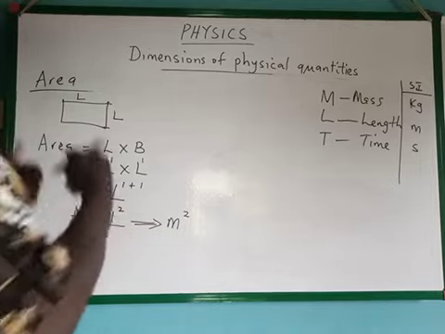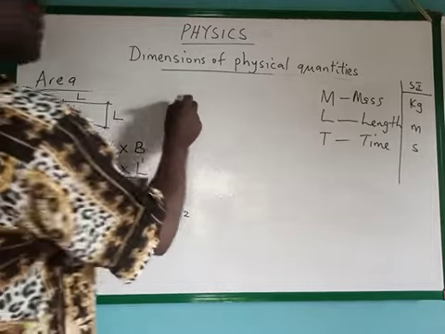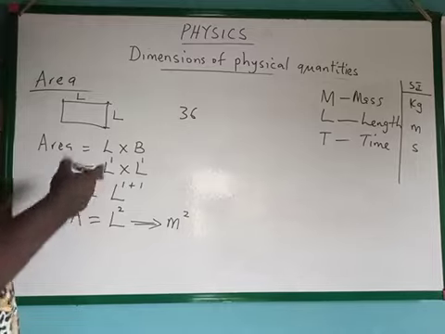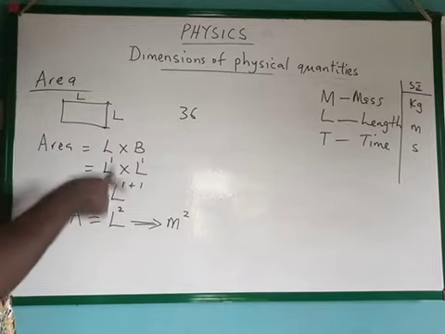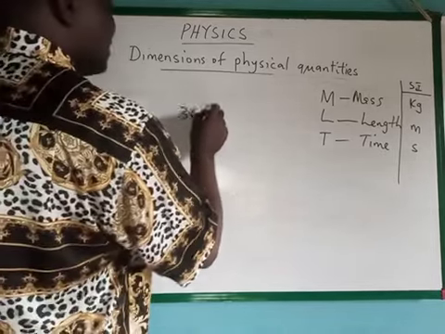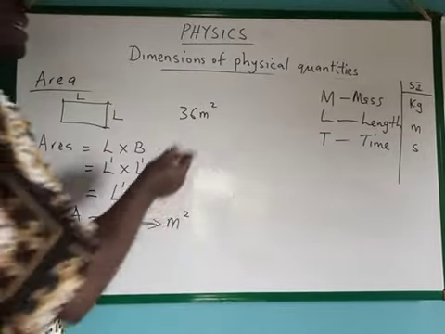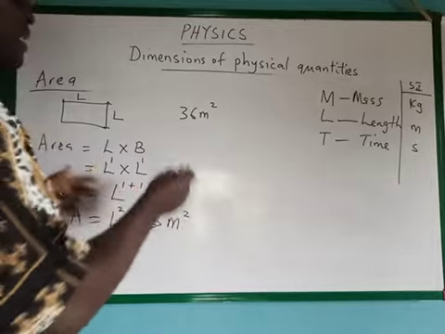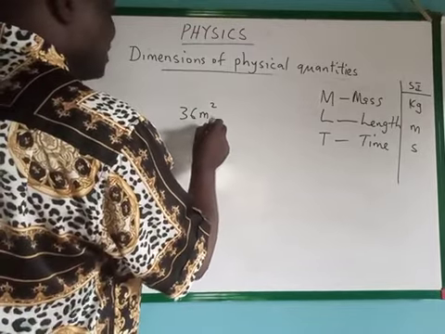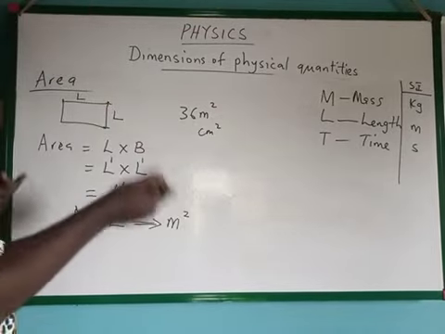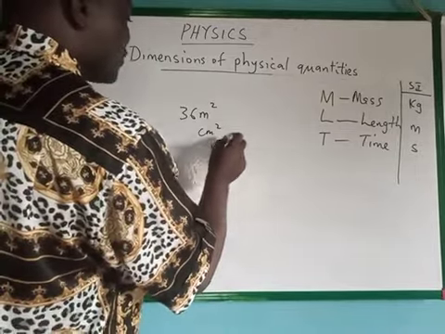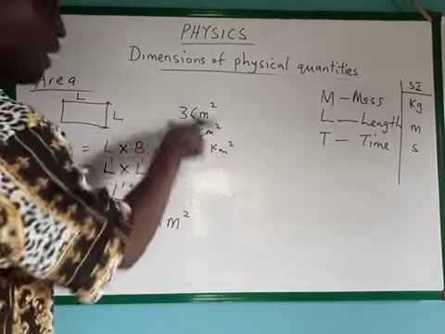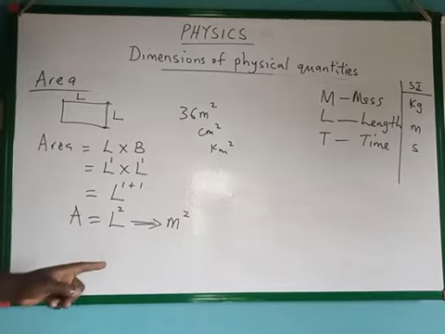So if I calculate the area of a rectangle, if for instance I have 36, will I just leave it as 36? No, you must add the SI unit. That is why you see meter square. Or at times, if the measurement is given in centimeters, you have centimeter square. If it is given in kilometers, you have kilometer square. So it is always square, and this is where it is gotten from.